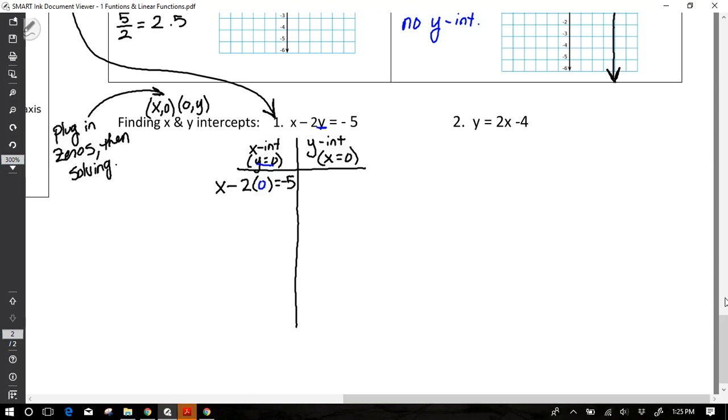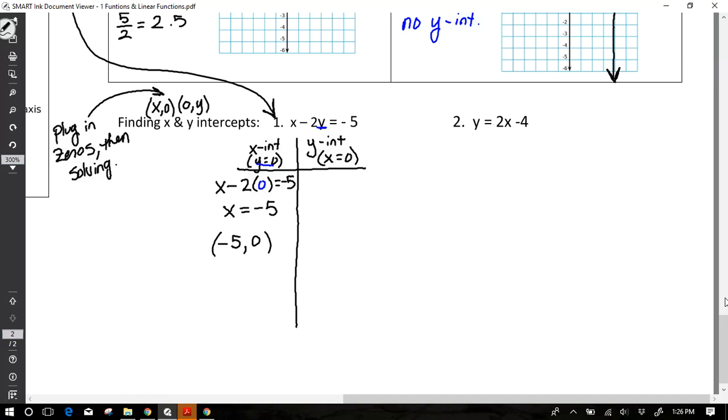So -2 times 0 is just 0. And I have x equals -5. So the x is solved for. And now I'm going to write this as an ordered pair, -5, comma 0. And that is my x-intercept. That's all I have to do.